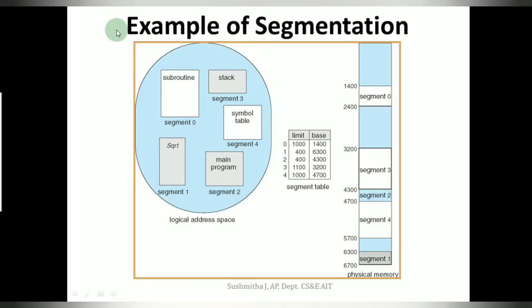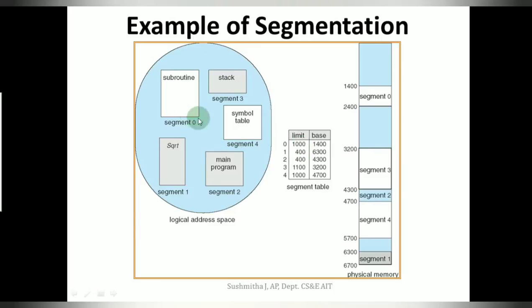We started with this image of different segments. Now the same is represented with numbers in memory. I have segments 0, 1, 2, 3, 4. You can see the segment table with the segment number, the base and the limit, that is the starting address and the length of the segment.